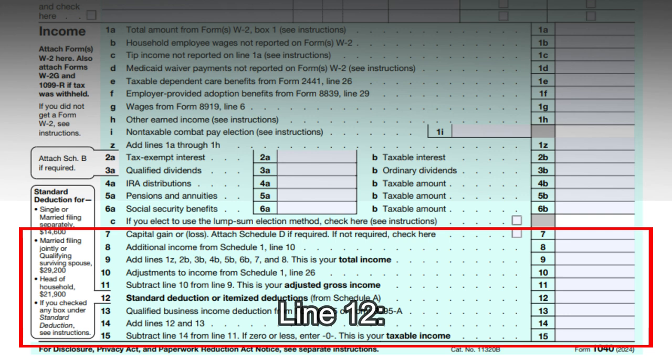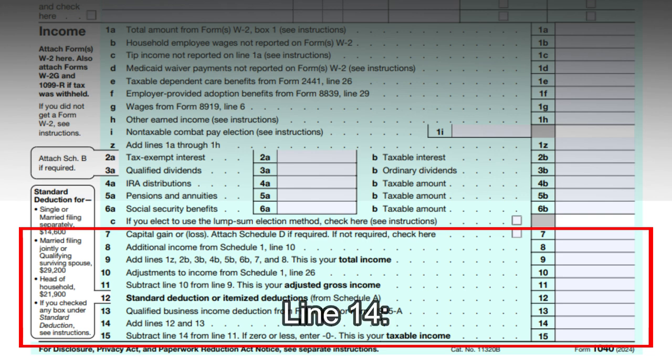Deductions. Line 12. You'll choose between taking the standard deduction or itemizing deductions from Schedule A. Line 13. The Qualified Business Income, QBI, Deduction is a special tax break for owners of certain businesses, like sole proprietors, partnerships, S-corporations, and some trusts and estates. Line 14.